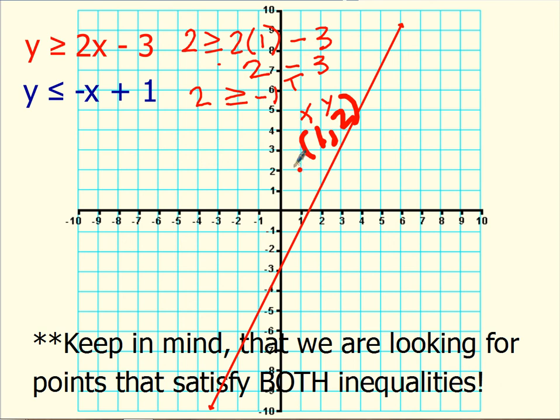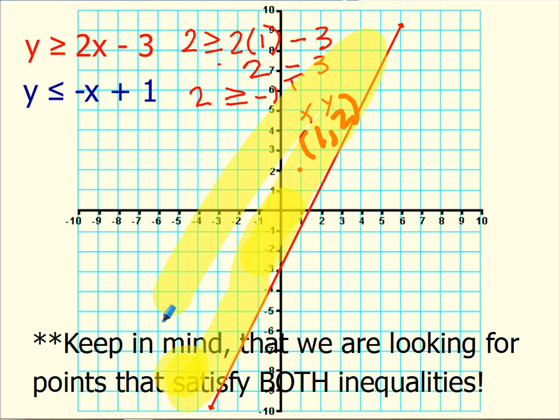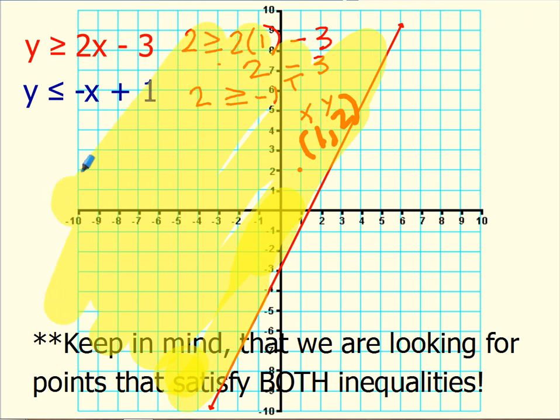If my test point proved my inequality to be false, I would want to shade on the opposite side of that line. So I'm going to grab some shading and we are going to shade. Let me make this nice and big here so that I can do it all at once. And I'm going to shade everything on this side of the line.